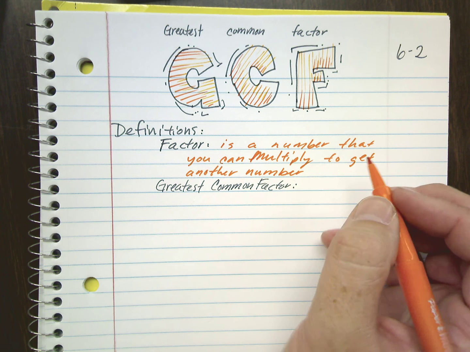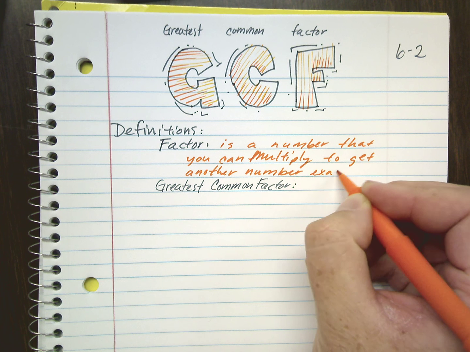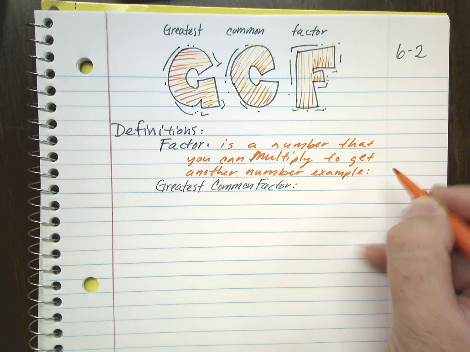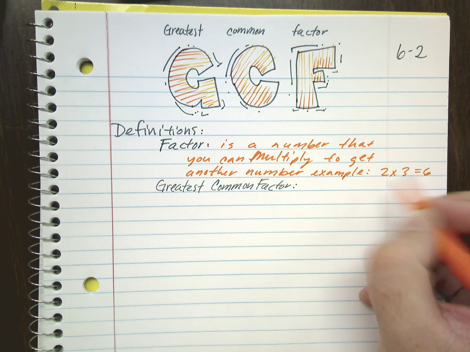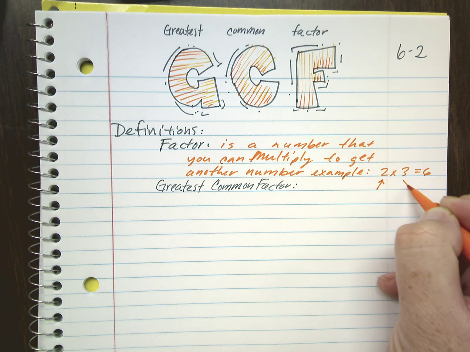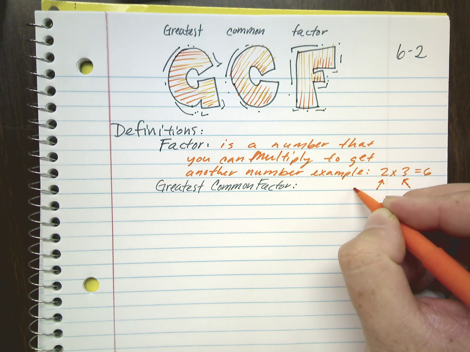Okay, so here's an example. 2 times 3 equals 6. So the number 2 and the number 3 are factors.